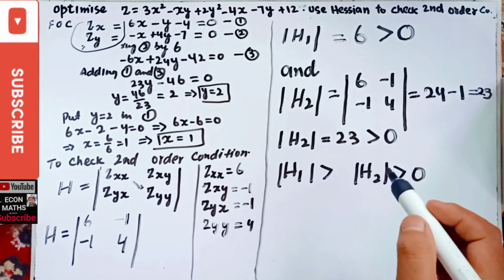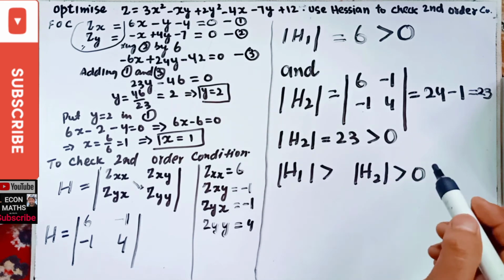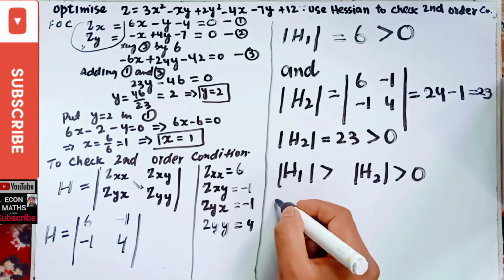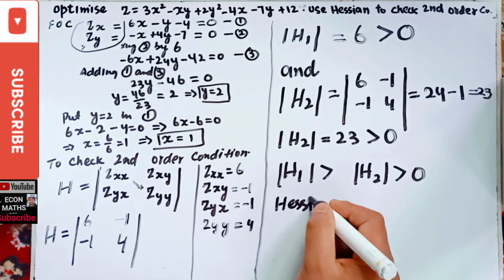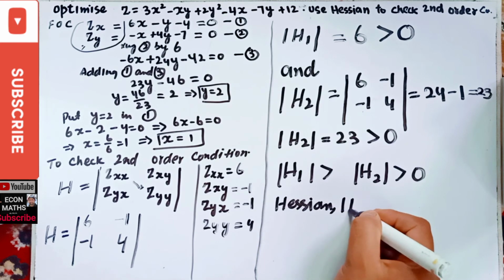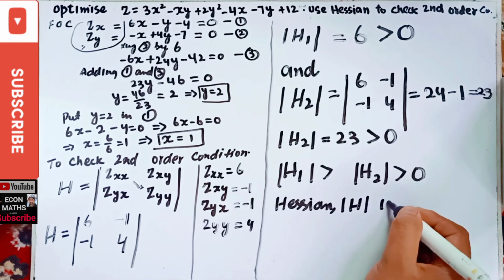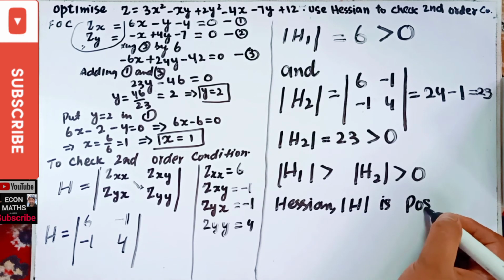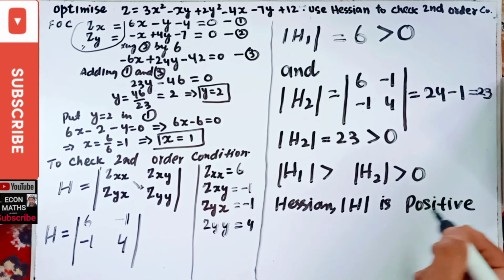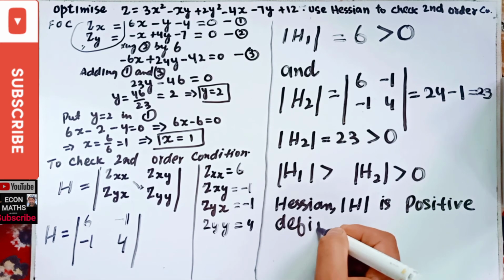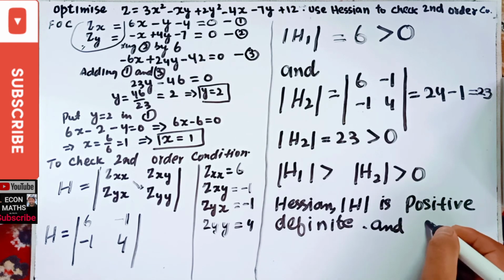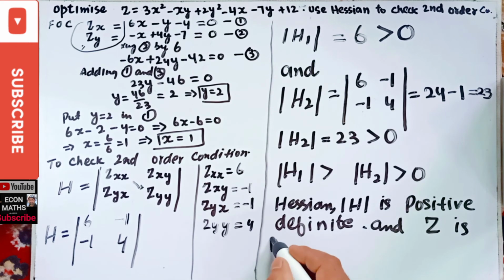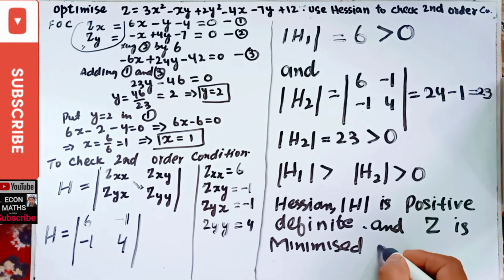When H1 and H2 are both greater than 0, we say that the Hessian, which is denoted by H, is positive definite, and Z is minimized at critical values.